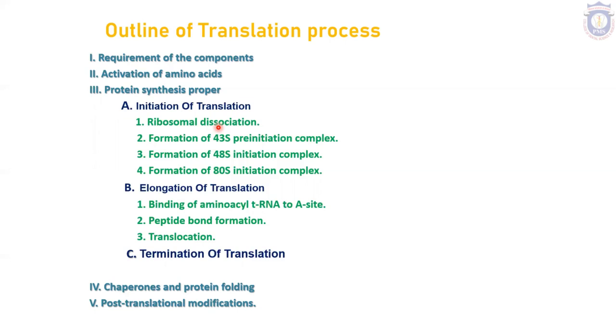And again, this is subclassified. Initiation of translation is subclassified as ribosomal dissociation, formation of 43S pre-initiation complex, formation of 48S initiation complex, formation of 80S initiation complex. Elongation of translation is again subclassified as binding of aminoacyl-tRNA to A site, peptide bond formation, and third one, translocation.